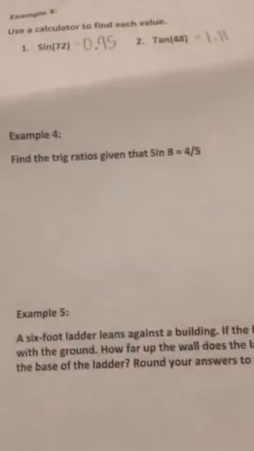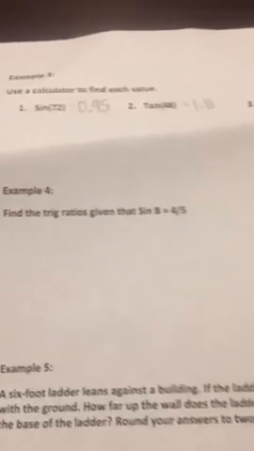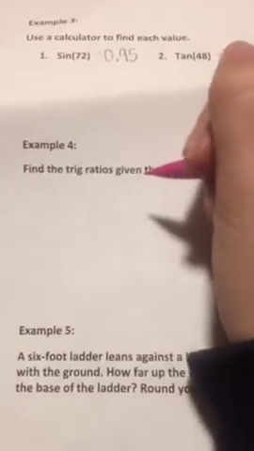Alright, find the trig ratios given that sine B equals 4/5. This one is a little bit harder. We're going to draw a picture. So we're going to draw a right triangle.